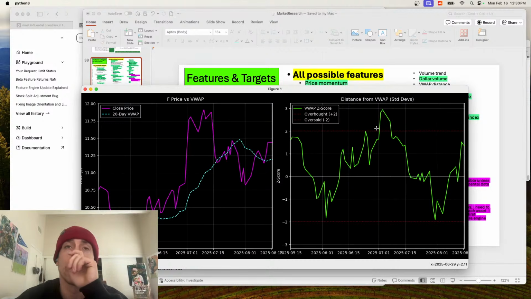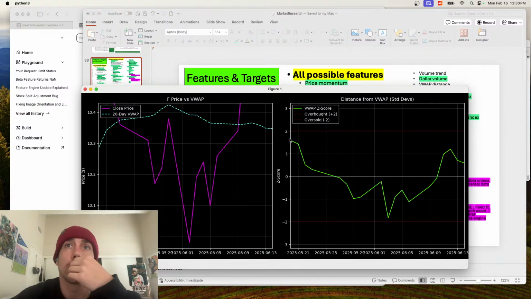Right now, let's get too high. Yeah, so this, so price goes from above to below. 522.